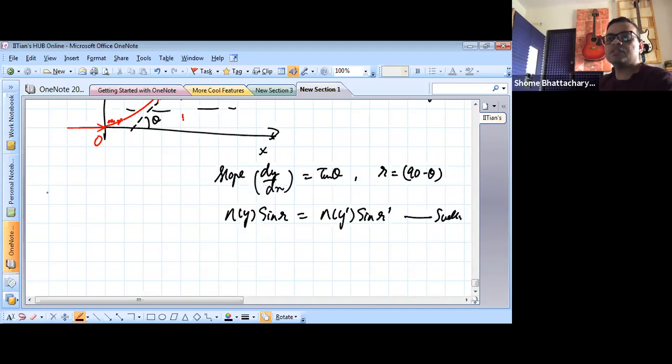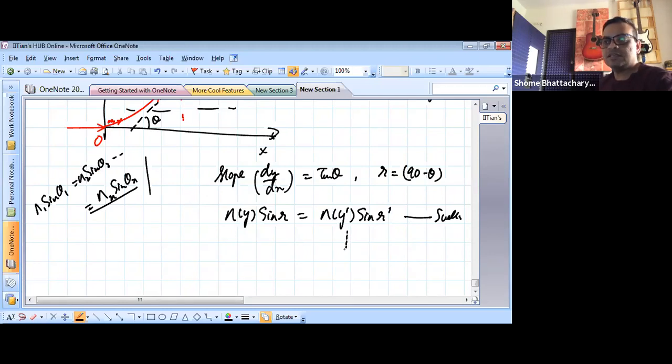Because basically what does Snell's law say? That n1 sin theta 1 is equal to n2 sin theta 2, and if there's a series of events, that is equal to some nx sin theta x. So here we are just taking any two arbitrary points where the angle is r and r prime and the y coordinate is y and y prime.